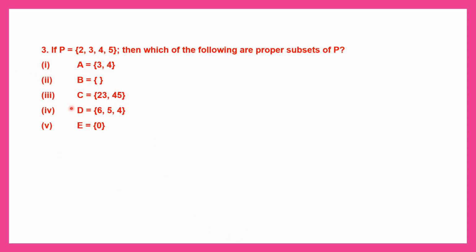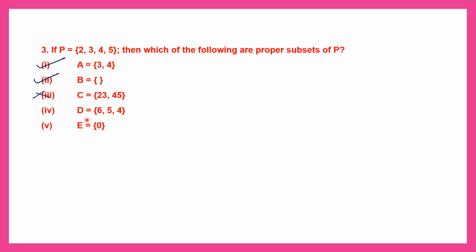So A is a proper subset of set P. Let's look at the second one. B is an empty set. Yes, an empty set is also a proper subset of set P. Okay, so let's take that also. Now look at the next one. C, the elements are {23, 45}. We don't have that there. So the third one is not a proper subset.